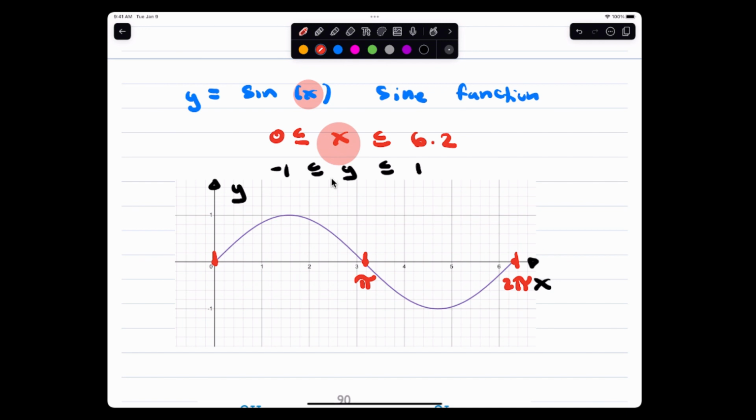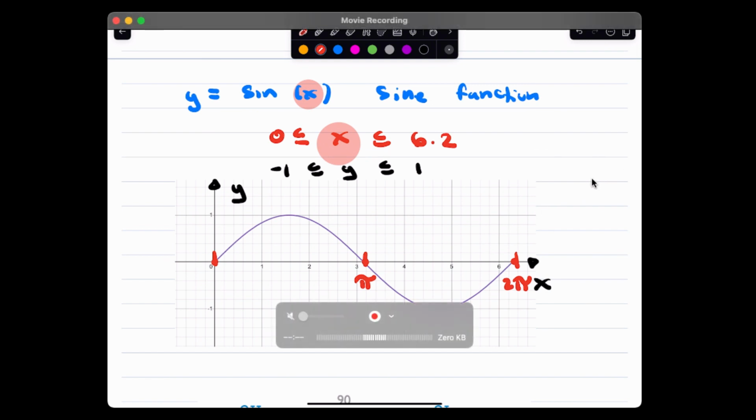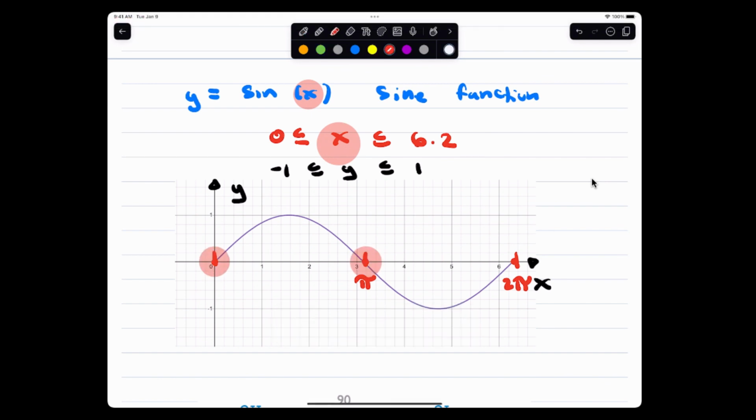These are the intercepts, so you guys know. Wherever you cross the x-axis, you're on an intercept. We care about that detail, and we're going to revisit this in our future. Those are called x-intercepts. So they happen at 0, pi, 2 pi.